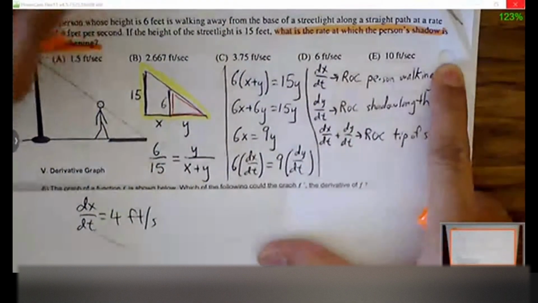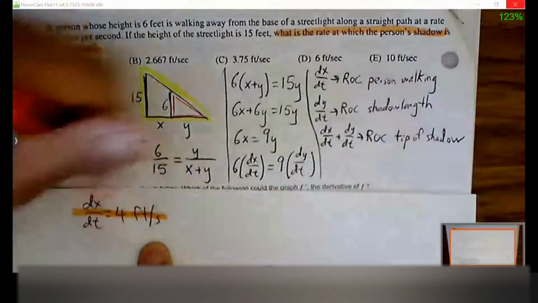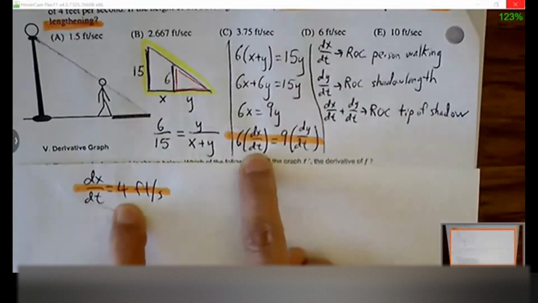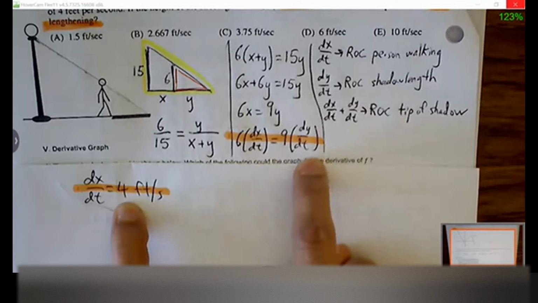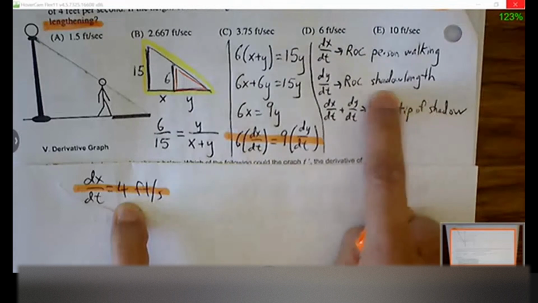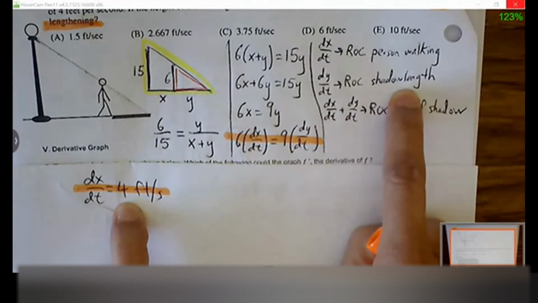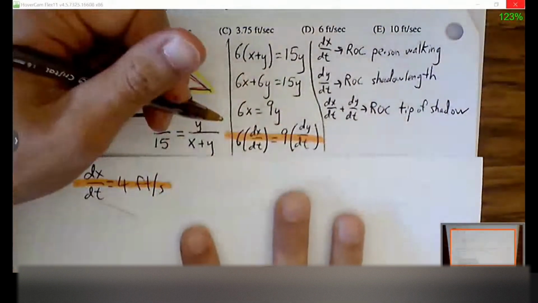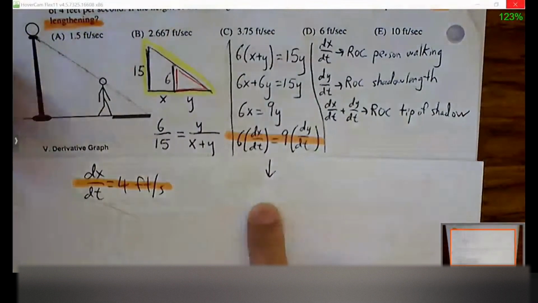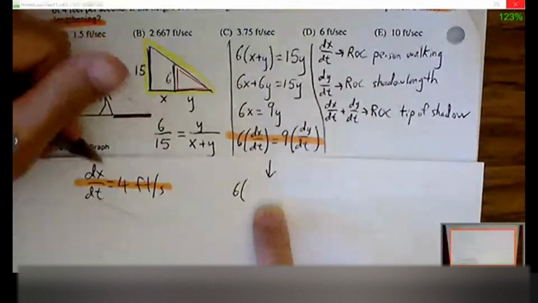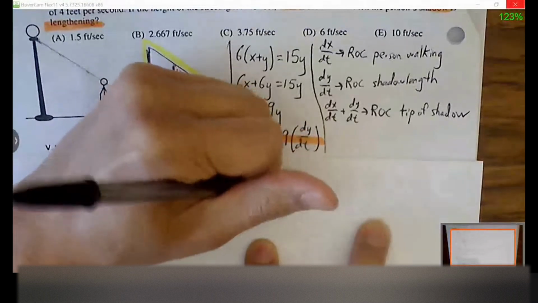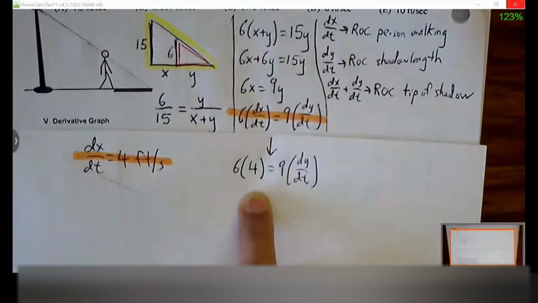Well, I think we're almost there because we have dx/dt, we have the equation, and if we simply substitute 4 in for dx/dt, we can solve for dy/dt. If we have dy/dt, we have the rate of change of that length of shadow. Replace dx/dt with 4. Divide both sides by 9.